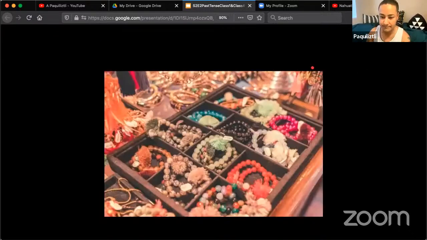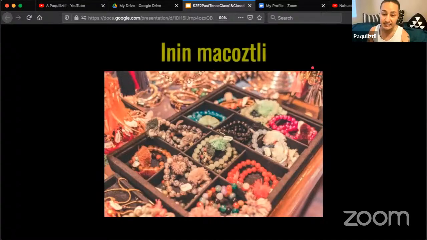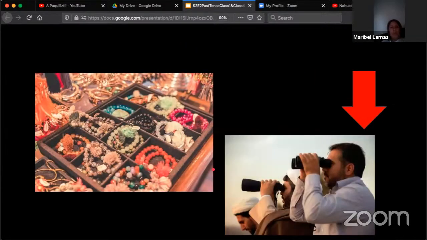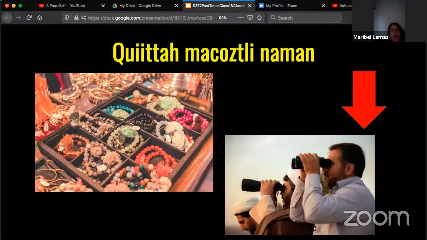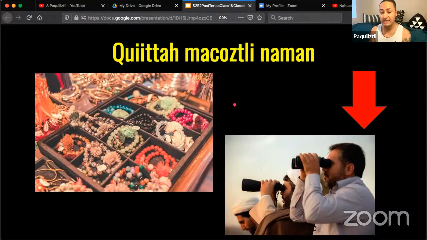Kuali. And inin makostli. Inin makostli. Kuali. Inihuantin quiitta makostli naman.